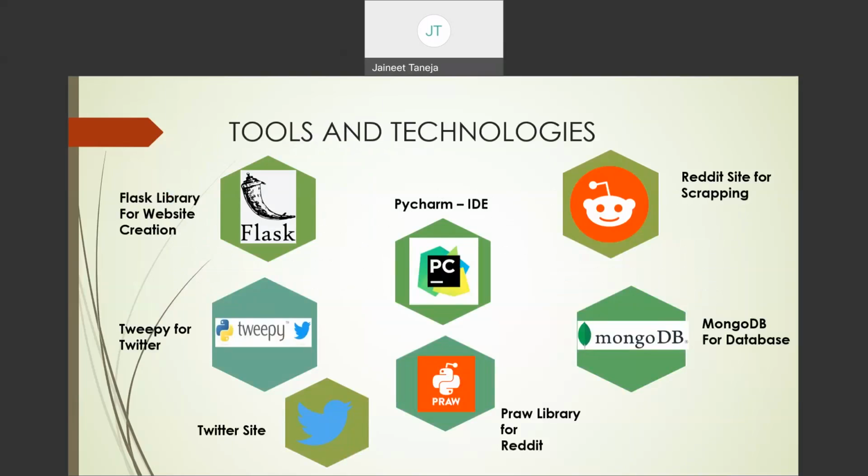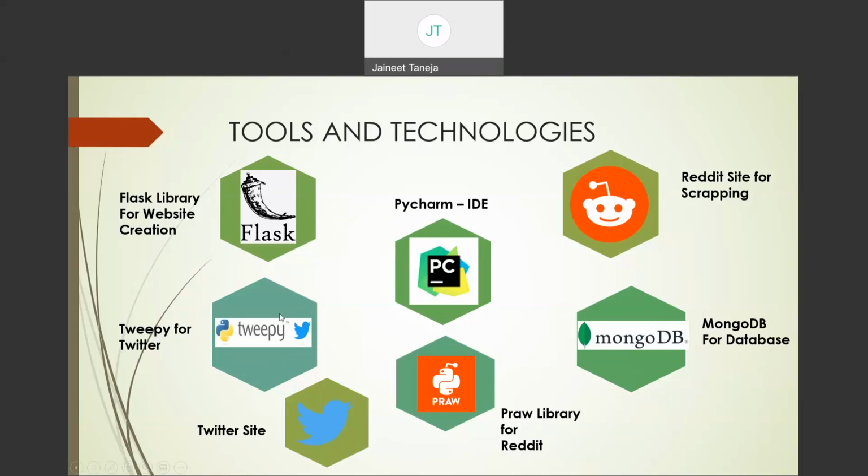The tools and technology that are used in this project are: firstly, I have used the PyCharm IDE, which is based on Python. So I have used Python as the main language, and all the libraries are used in building this project. The Flask library is basically for website creation, and it contains HTML code that can create the links of HTML to the routes.